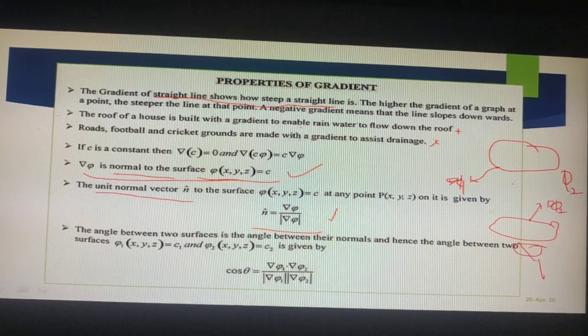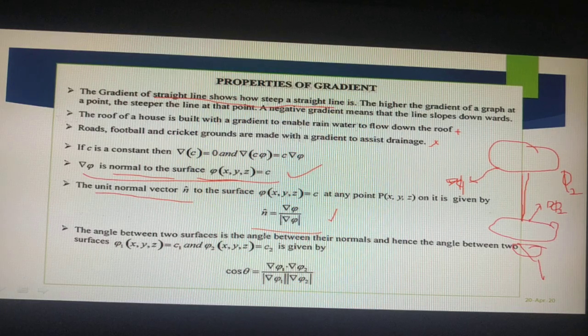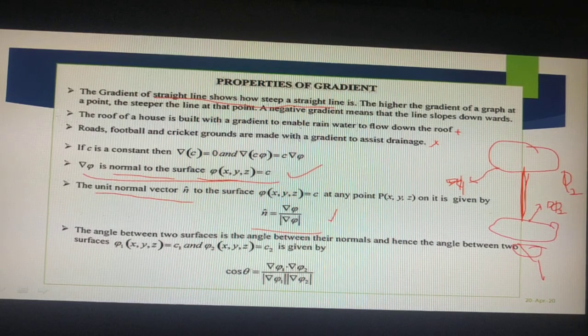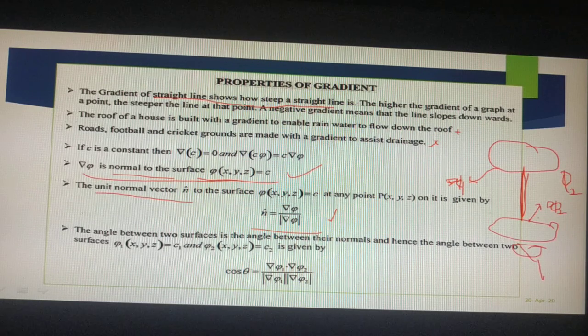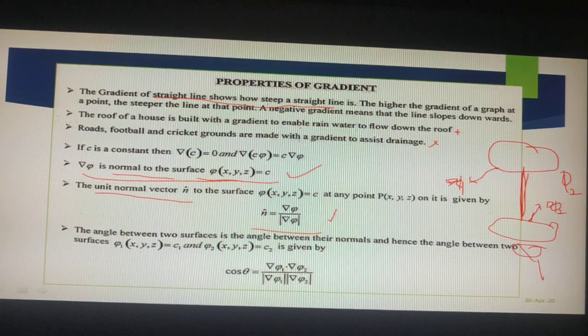Suppose I want to find the angle between these two surfaces. I can simply define the unit normal vectors in this particular direction.